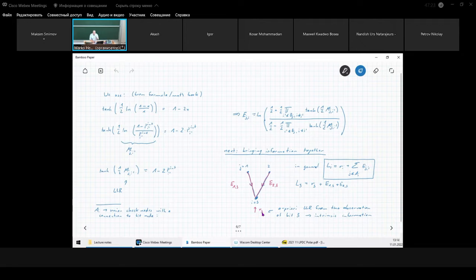Maybe it's minus 0.3 or plus 1.2. Also here we have some information. And at the end, of course, this needs to be brought together, the extrinsic information from the other bits and the intrinsic information from the observation of our bit. This will finally be the log likelihood ratio of our bit node, of our observation number 3 in this case.